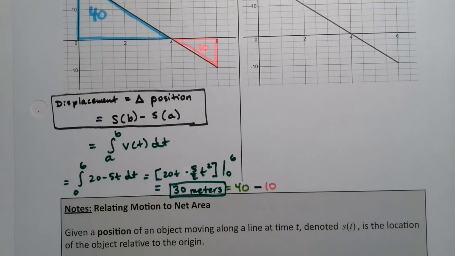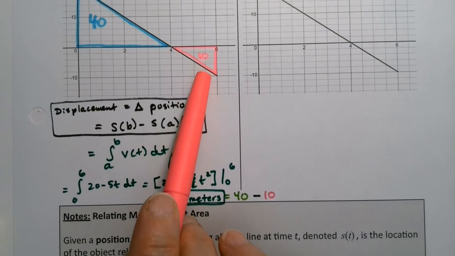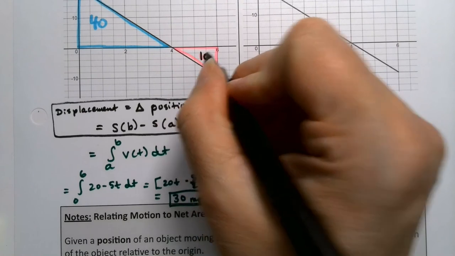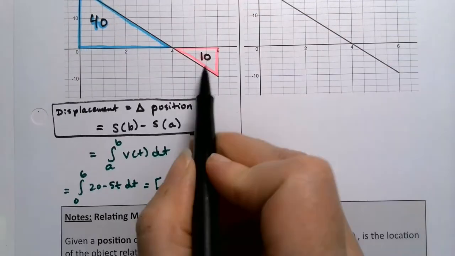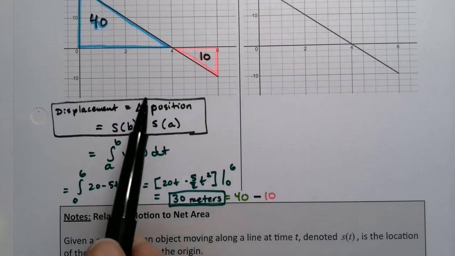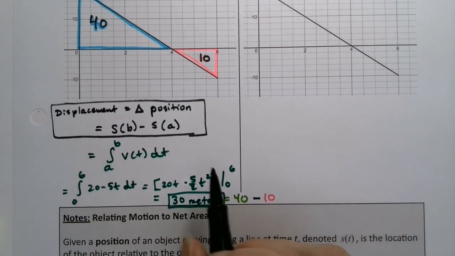Okay, that's displacement. So sorry, I don't like that, it's so faint and hard to read. So this is 40, this is 10. 40 take away 10 makes 30. So yes, I could do this particular one by doing the integral, but I could have done this problem even without an integral by taking 40 take away 10. All right, so that's displacement.